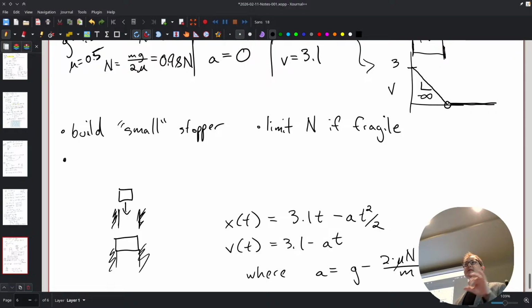Yeah, so impulse is change in momentum. So if you have a change in momentum, which is exactly what we have here, it's moving and we're going to stop it. So it's going from motion to no motion.